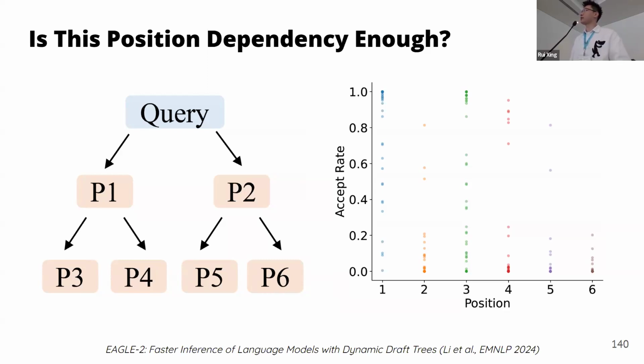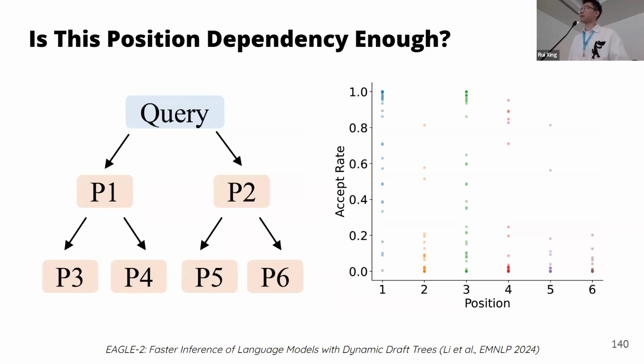In this visualization, we can see that it is indeed what we just said: the position P1 has a relatively higher acceptance rate distribution, and position 6 has a relatively low acceptance rate, which corresponds with the position dependency, right?